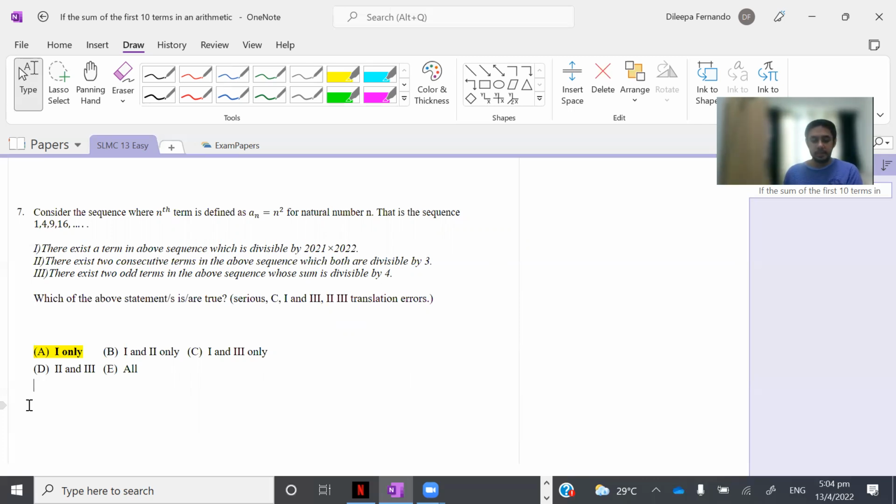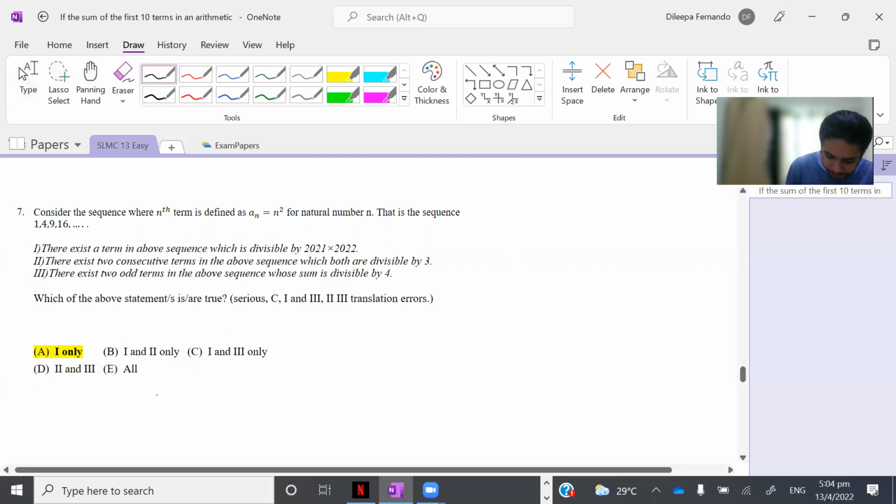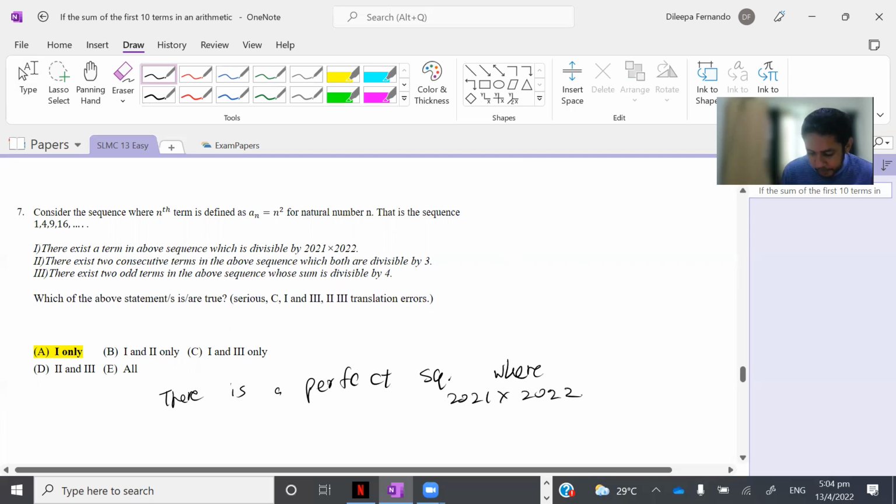Here also, when they say there exists a term, there are two ways. Either we prove that a term exists by using some theorems, or we can find that particular term. Here they are saying there is a perfect square which is divisible by 2021 and 2022 as factors.